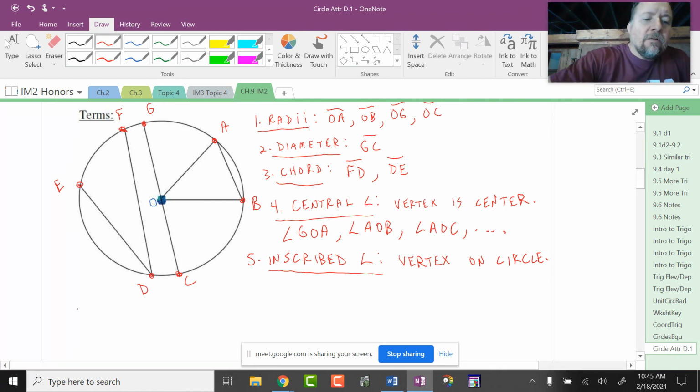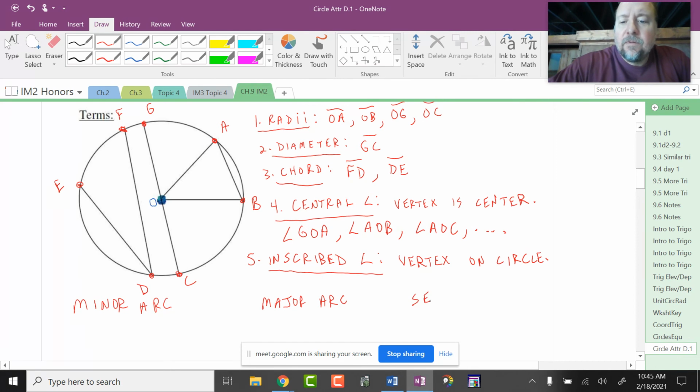And then here, we're going to talk about arcs and how we name them. There is something called a minor arc, a major arc. We're just going to be talking about names, in a semicircle.